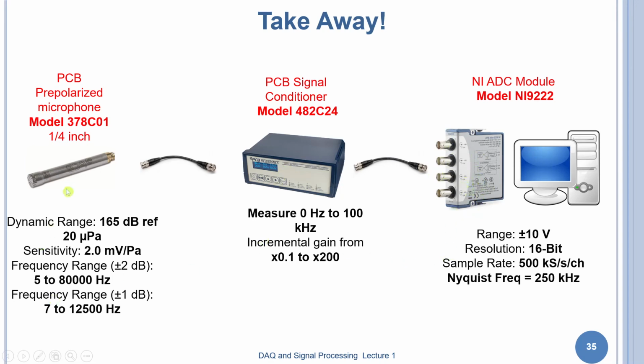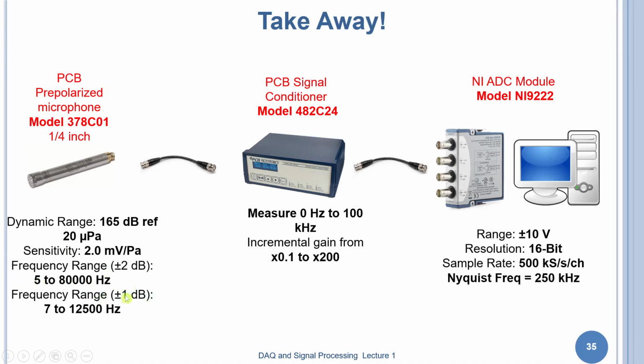This sensor is designed to measure pressure up to the range of 165 dB. This 165 dB is based on the reference value of 20 micropascals. The sensor has a sensitivity of 2 millivolt per pascal. For a variation of plus or minus 2 dB, this sensor can be used from 5 Hz to 80,000 Hz.